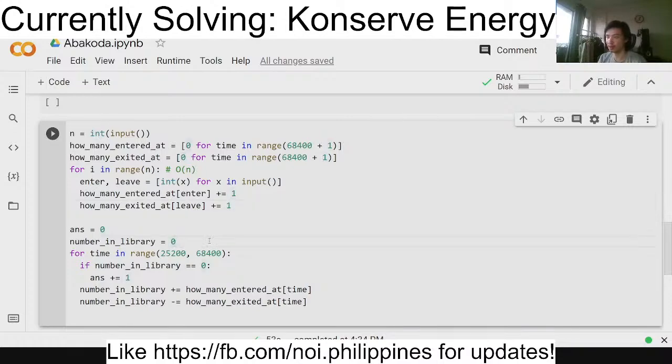This is also like O of 684 e minus 252 operations, proportional to this number of operations, or roughly around that, but anyway, it's manageable, right?